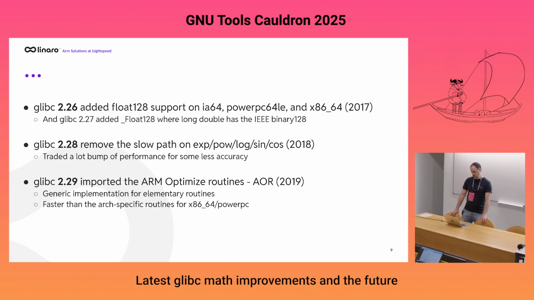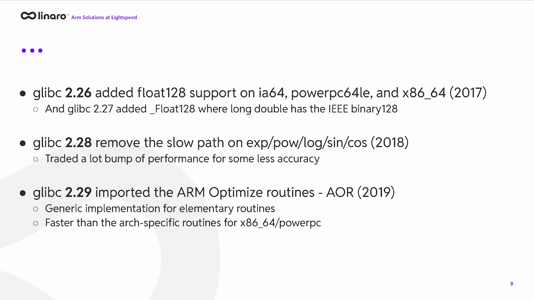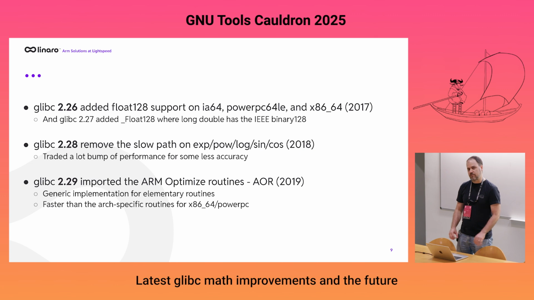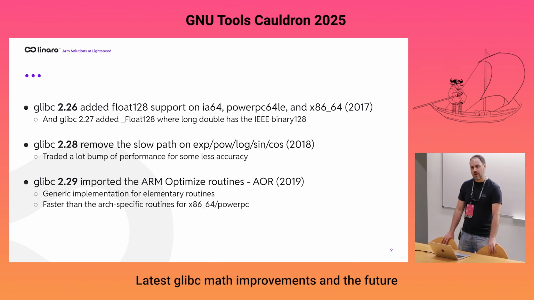And on glibc 2.28, we started to optimize by removing code instead of adding new stuff, meaning we realized that the multi-precision implementation for some math functions was not providing good performance and it's not really improving the implementation.